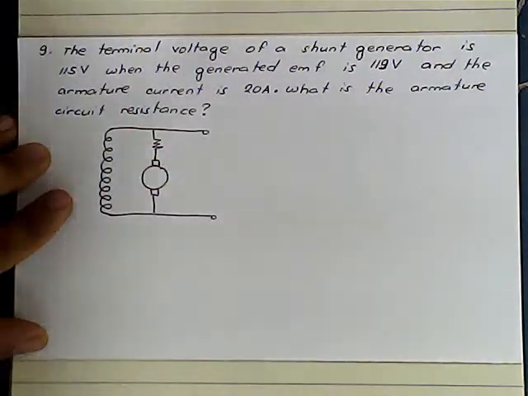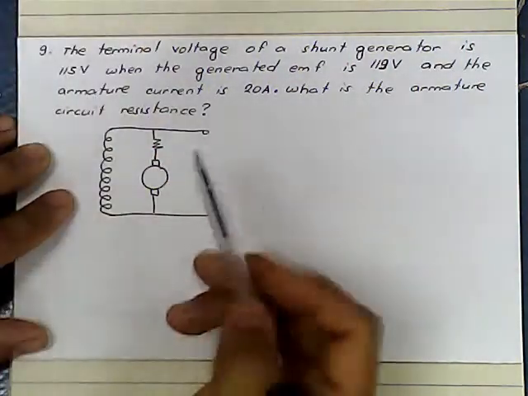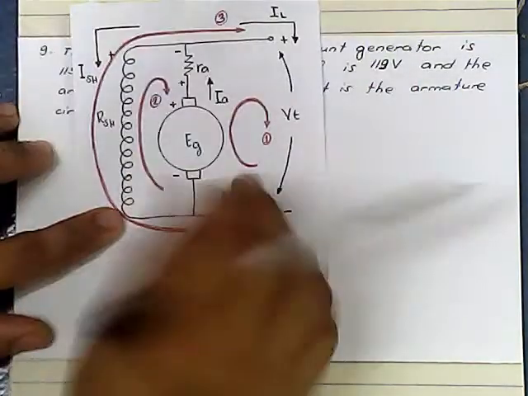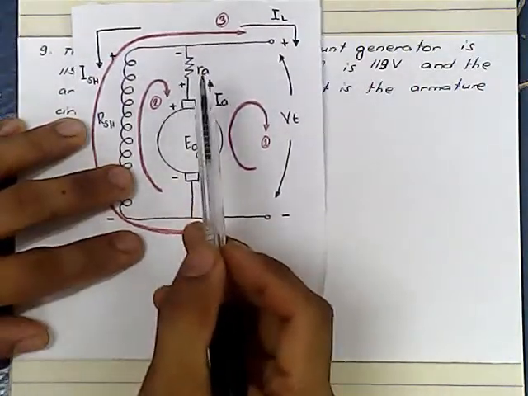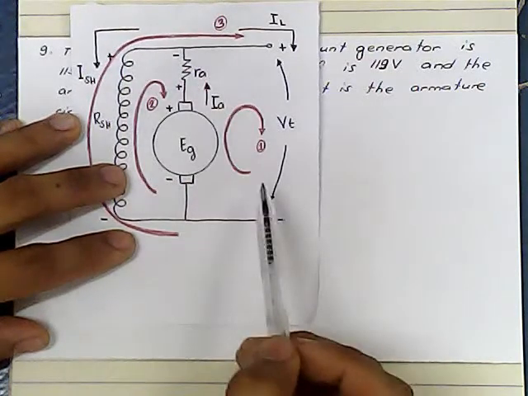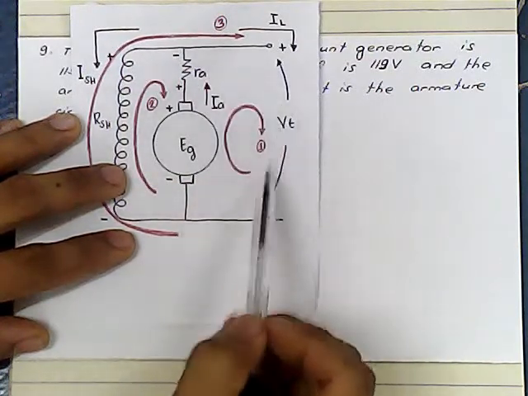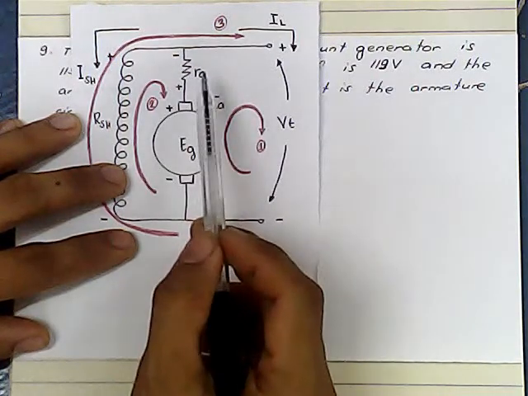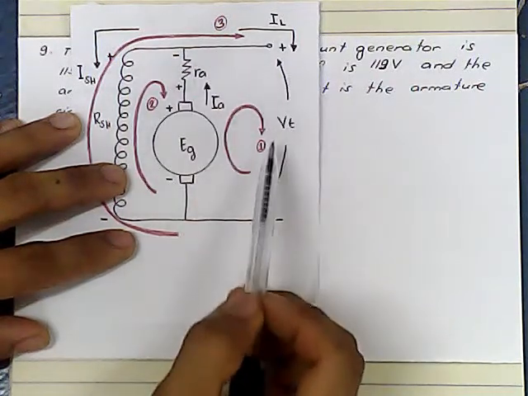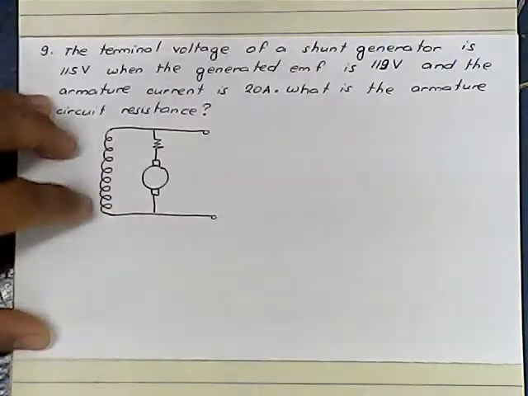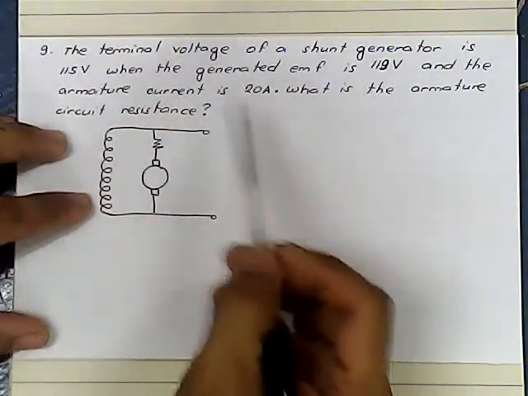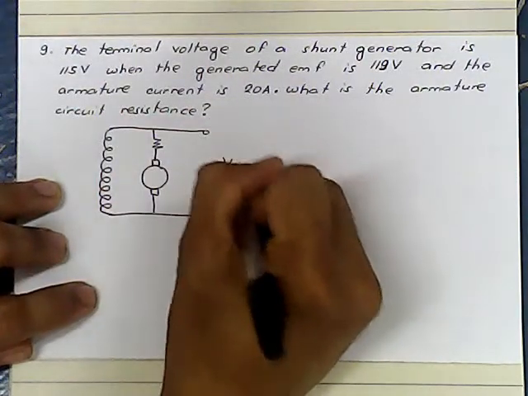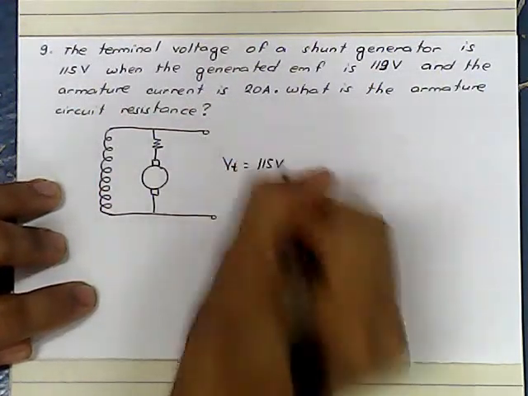Sa problem na ito, kahit wala nang given yung sa RSH, kasi nga ang hinanap naman natin yung RA, makukuha lang po natin yan dito sa loop number 1 na ang dadaanan lang po niya is the generated EMF, the IARA, tapos yung ating terminal voltage. Yung ating mga given: the terminal voltage, VT, is equal to 115 volts.